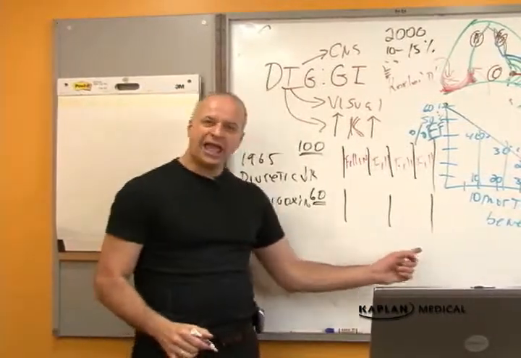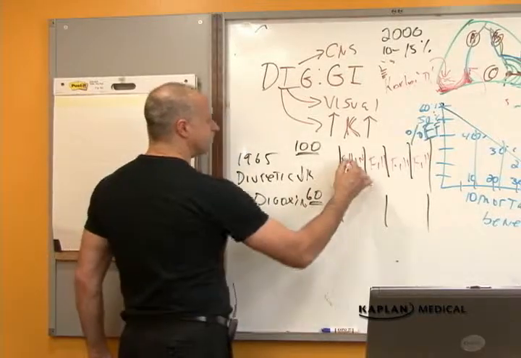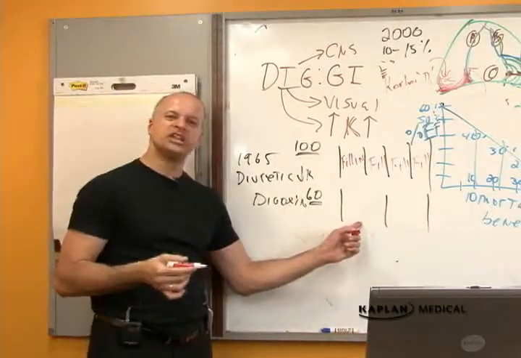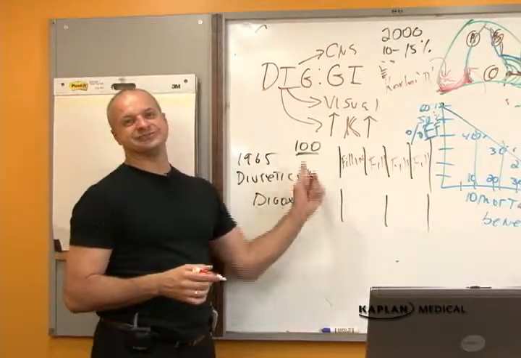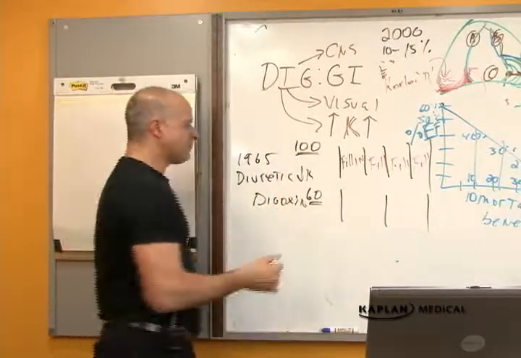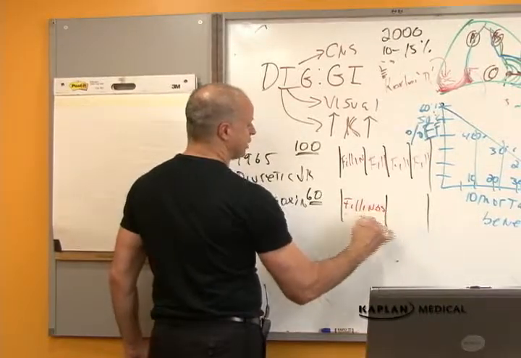So what happens here is that when you go from a heart rate of 100 to a heart rate of 60, diastolic filling goes up.